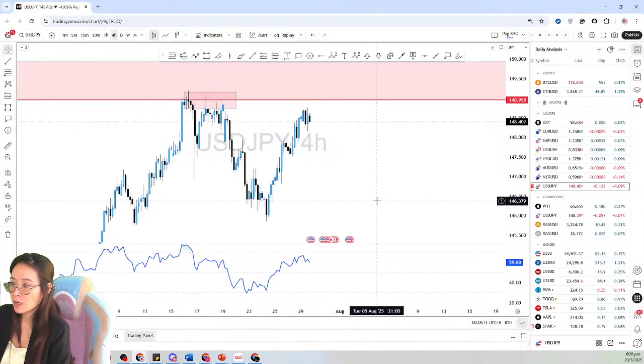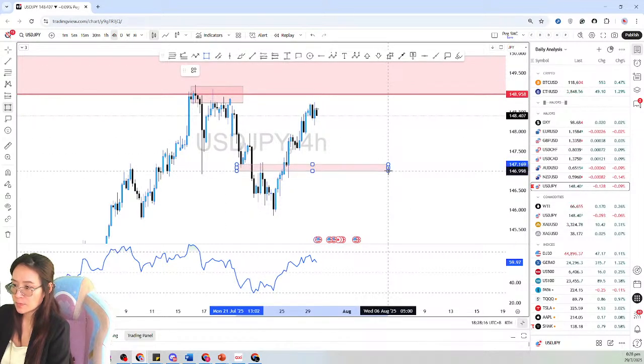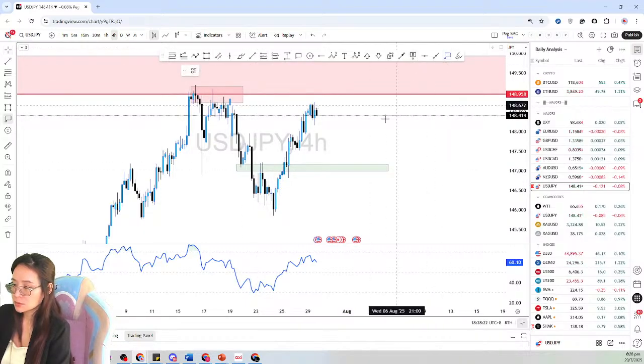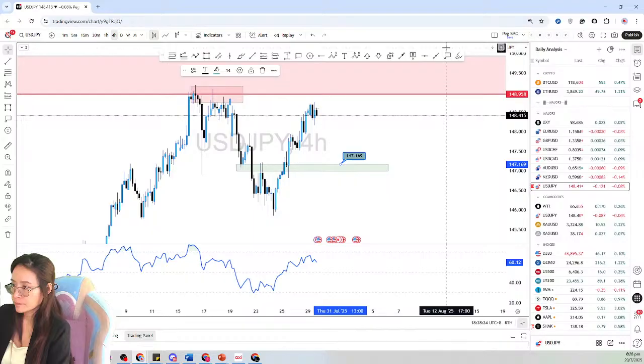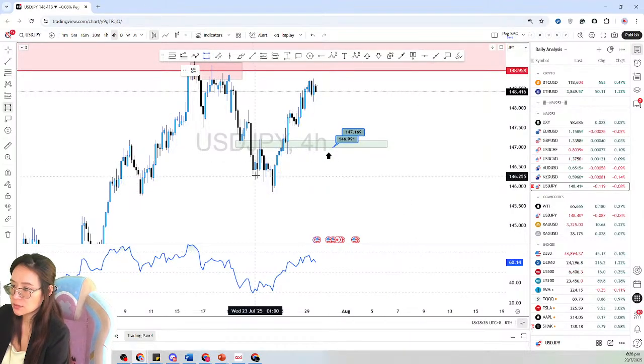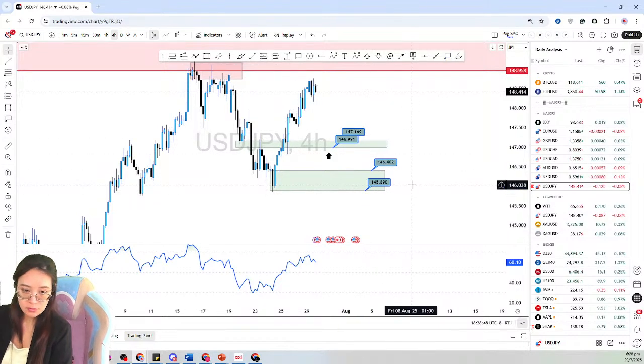Okay, we're gonna look for the buy entry at this level, these zones. This zone, you're gonna look for that. I have two buy entries for you. One is here, the second one is at this other block. Two buy zones. That's why you need to wait for price to come into the zones.